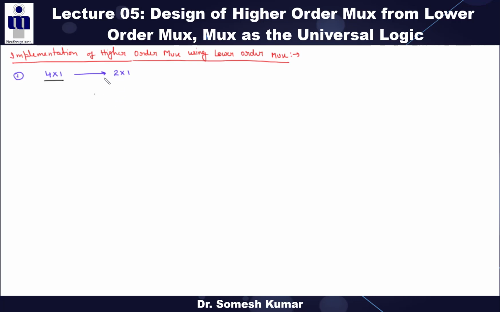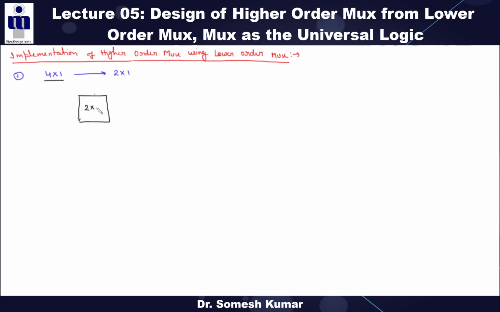It means more than one 2:1 mux is needed to implement this 4:1 mux. Later I will tell you the shortcut to find the number of lower order mux needed to design the higher order mux. First we will discuss the full implementation.